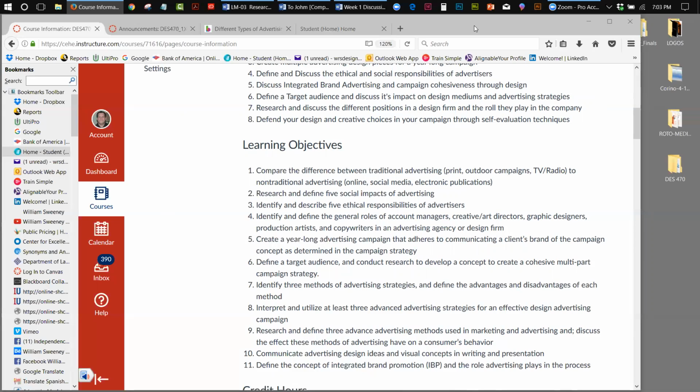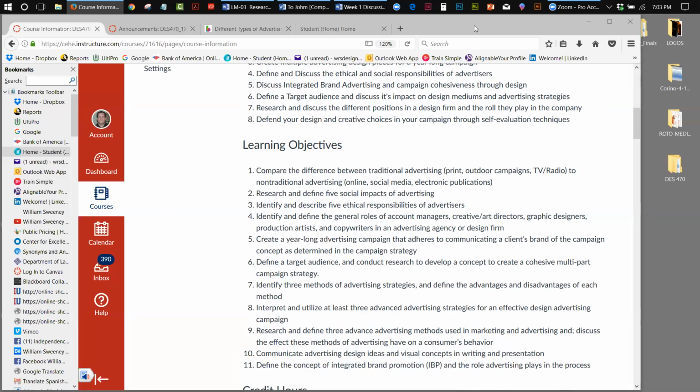You'll create a year-long advertising campaign that adheres to communicating a client's brand of the campaign concept as determined by the campaign strategy. The most important thing for you to understand about this is, while this sounds monumental, you're going to find out that it isn't so monumental.